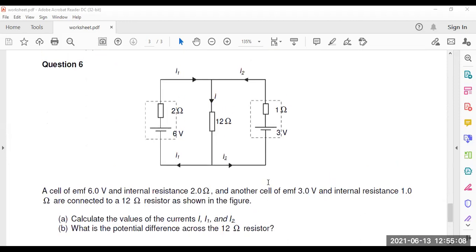Please solve all the questions first before you check the answer.